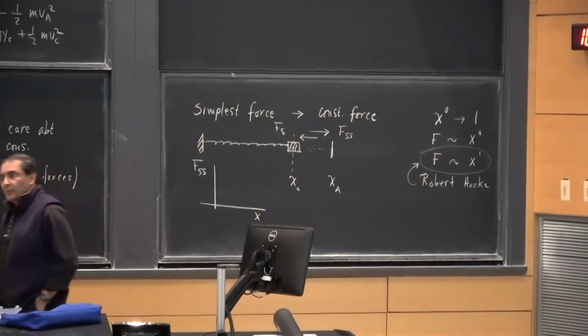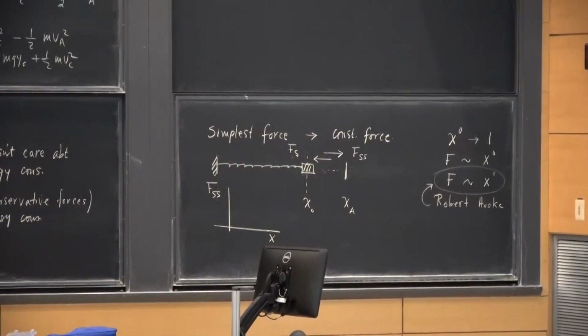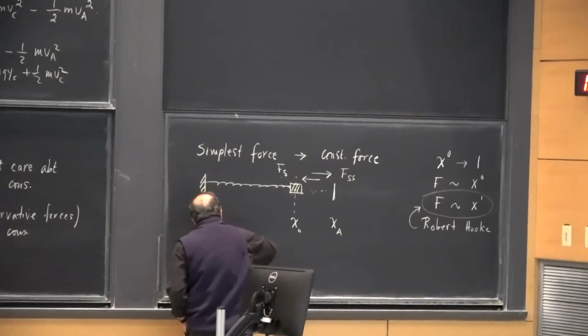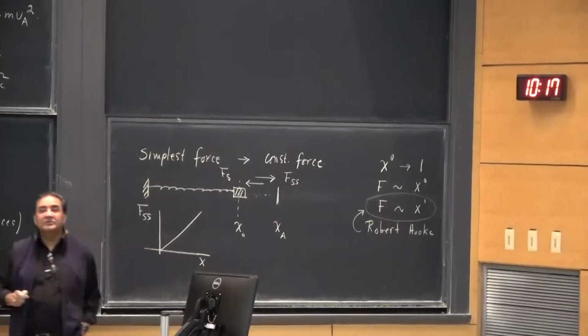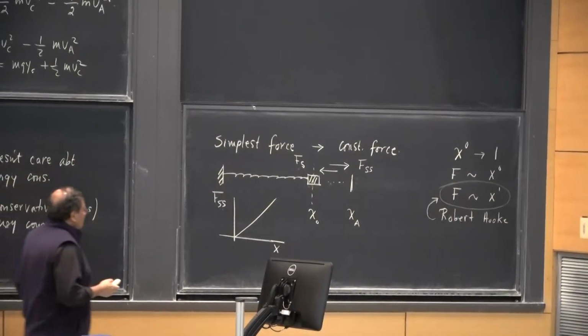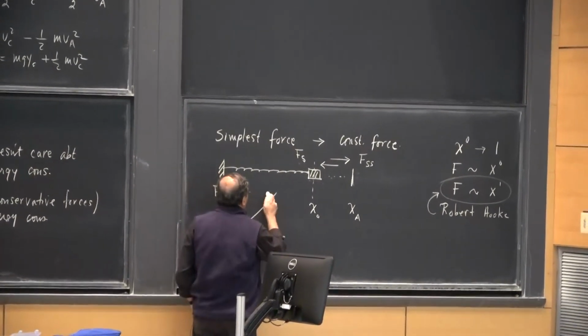Hooke pointed out that as you stretch it, the force goes up linearly. So in other words, I have to apply more and more force to be able to pull the spring as I get farther and farther out.